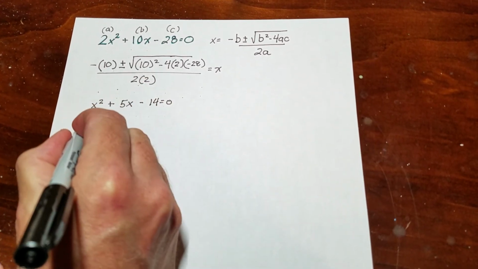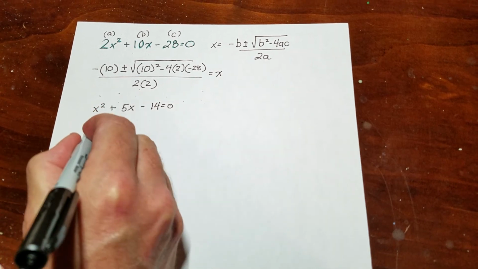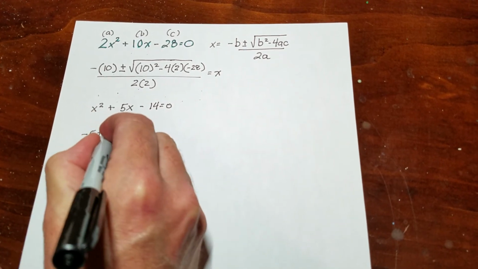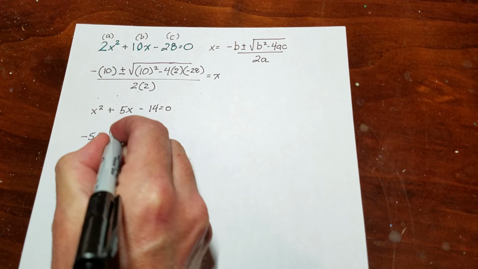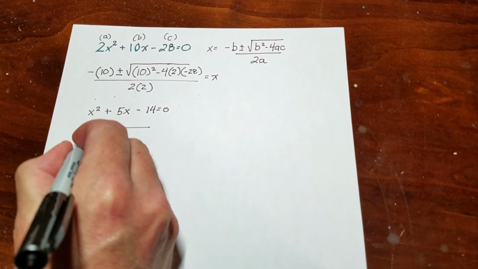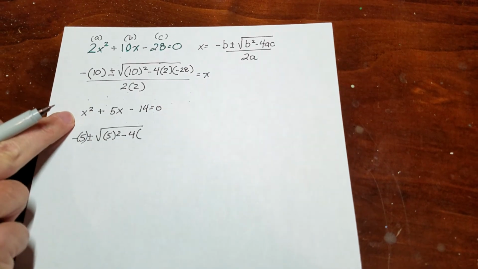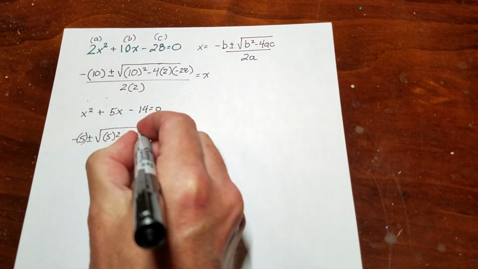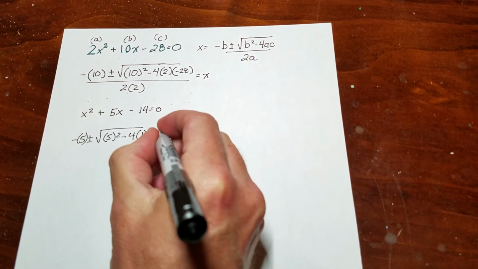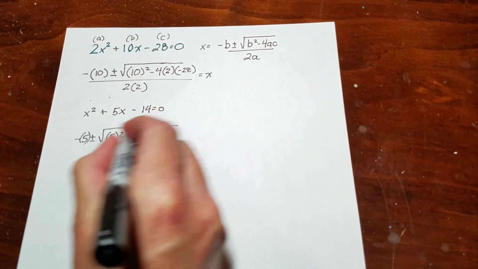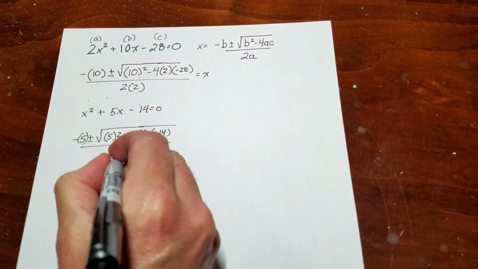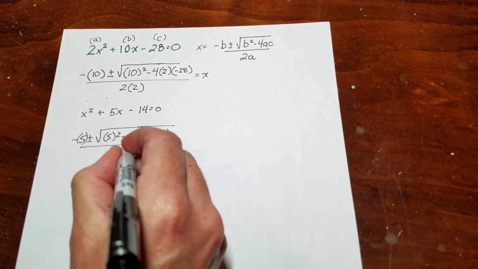So I have minus b plus or minus the square root of b squared minus 4 times a, which is a 1. If there isn't a coefficient, it's just a 1. And then my c term is minus 14. And all of that good stuff over 2a, which is that.